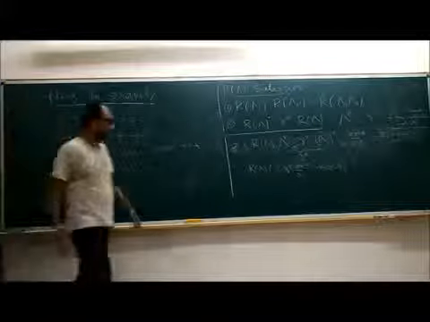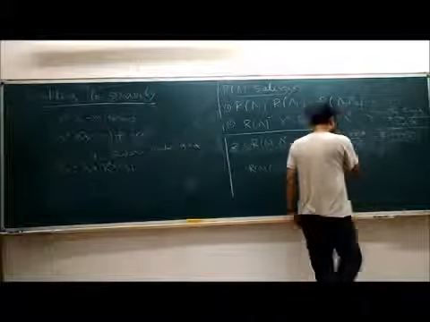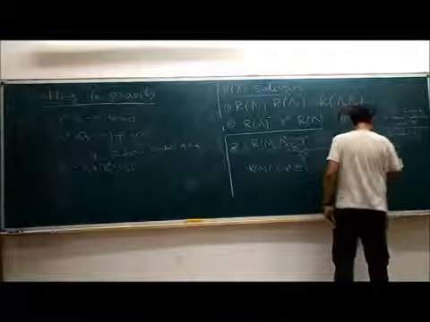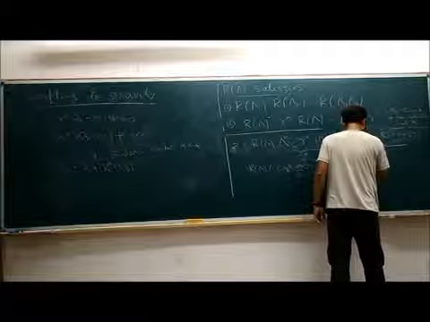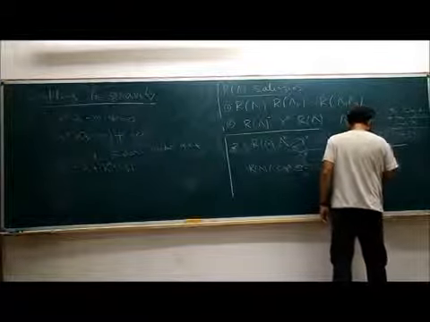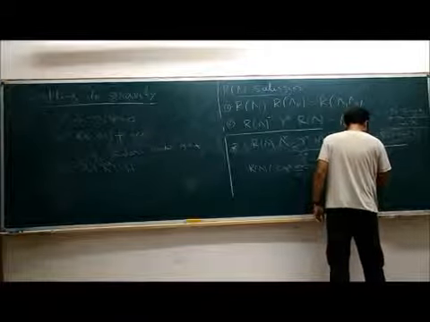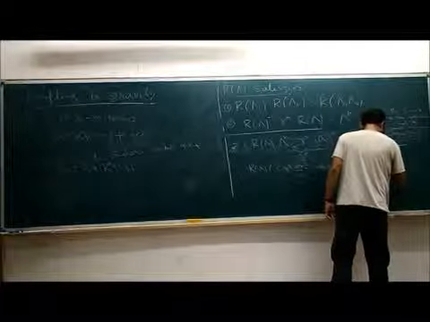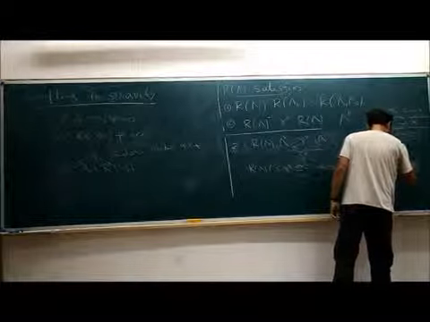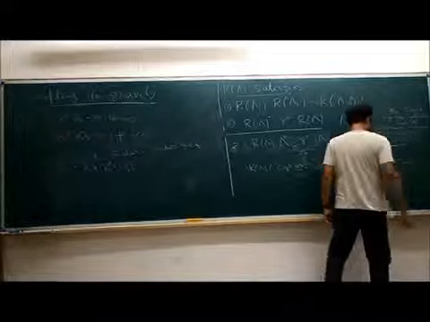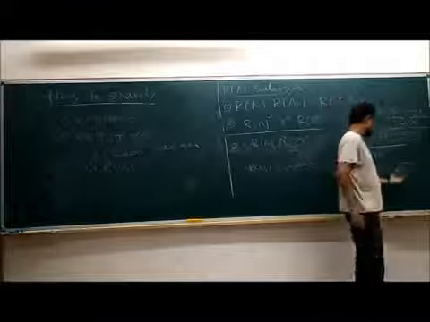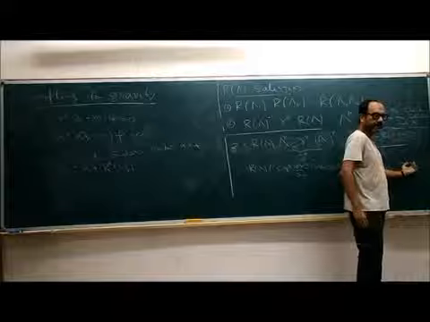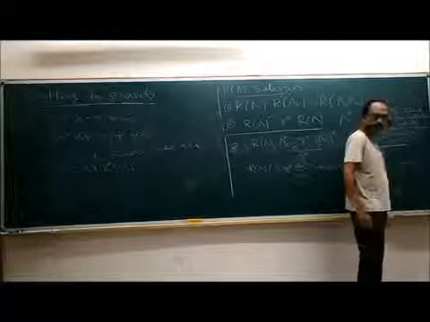More precisely, RA of M is i by 2 beta m AB sigma AB. We think of this as the flat space index.